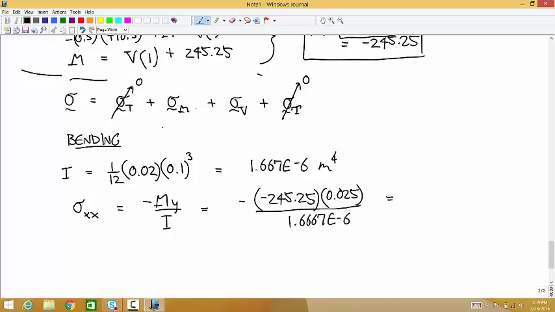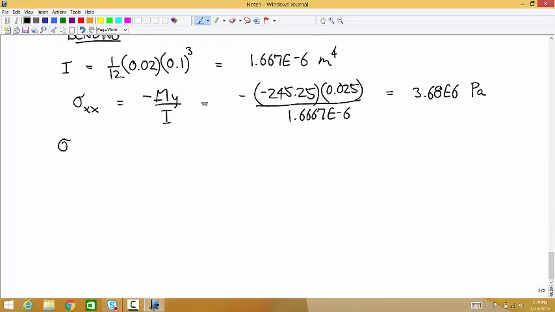And what do you get for that? 3.68 times 10 to the 6th, and that's pascals. And so the stress tensor due to bending is 3.68 times 10 to the 6th, zeros everywhere else.